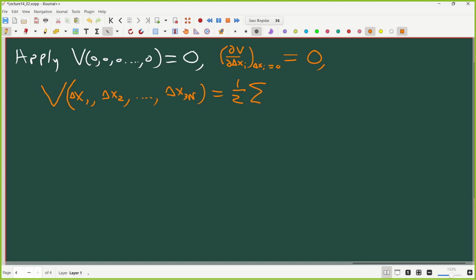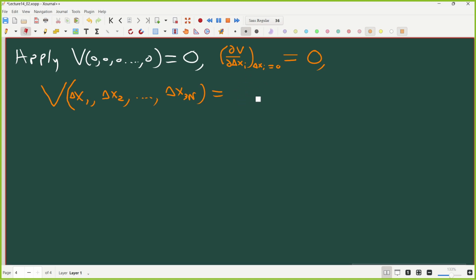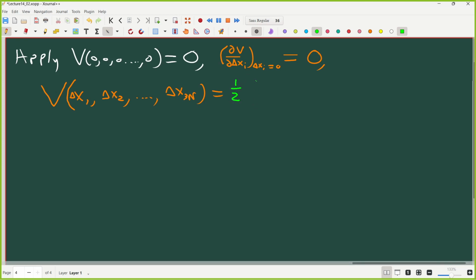times this. Let me do it in a different color because this is a scary term. Remember we have two different types of second derivative terms. We have the cross terms and the diagonal terms. The diagonal terms are where the two coordinates in the second derivative are the same, so i is equal to j.